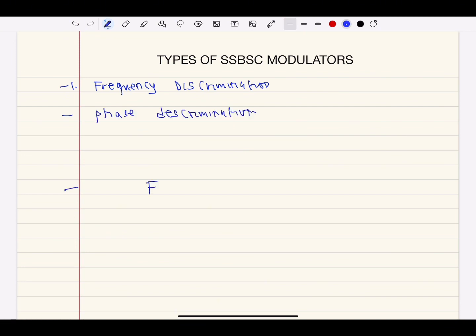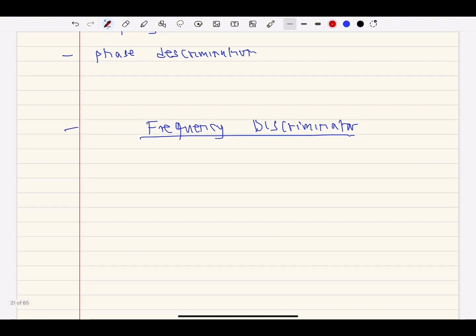So let's talk about the frequency discriminator. For the frequency discriminator, what we do is first generate a double sideband suppressed carrier AM wave. After generating it, we will get the output in both sidebands, that is the upper sideband and the lower sideband.